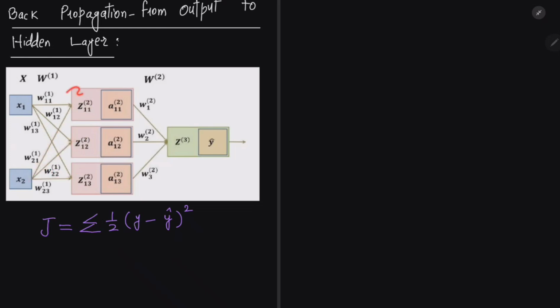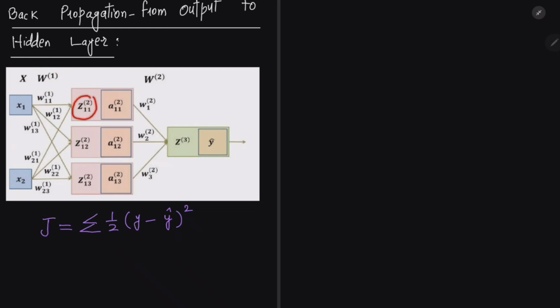All the weights are here. In our previous video, we saw that writing these weights like this is not a feasible thing to do. What we do is call all the weights a matrix W1.